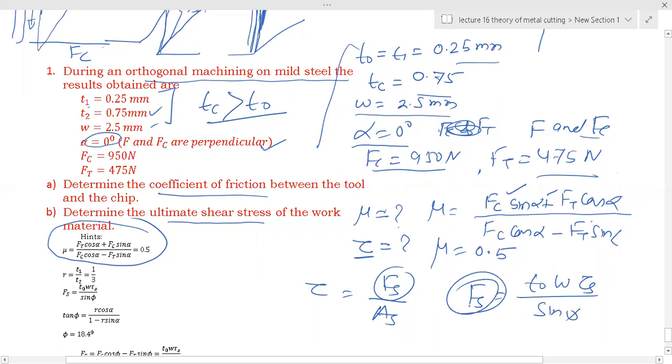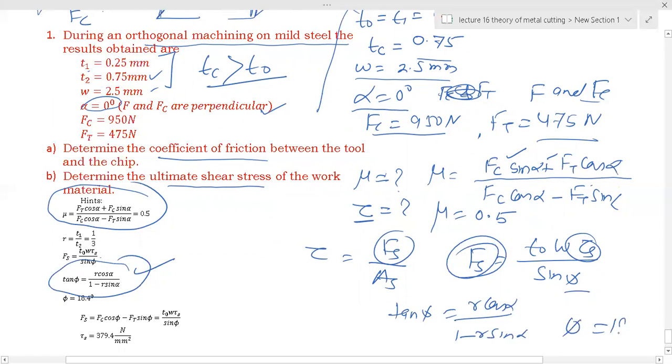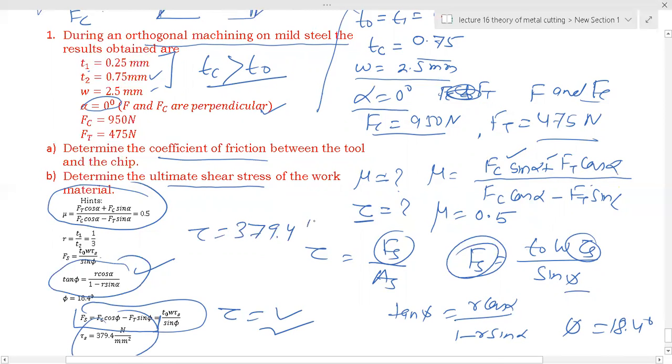Fs you have to calculate here, then you can calculate this, because everything you know. Phi you don't know, so you use this formula to calculate phi. So tan phi is equal to r cos alpha divided by 1 minus r sin alpha. Then phi will come 18.4 degrees. Fs you can calculate from this relation, and you equate this, you can calculate tau. Tau will be 379.4 Newton per square millimeter.